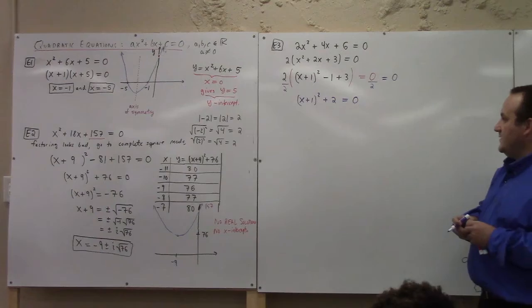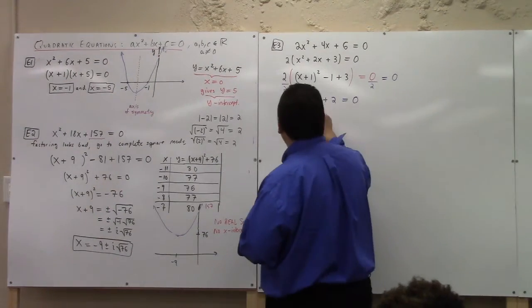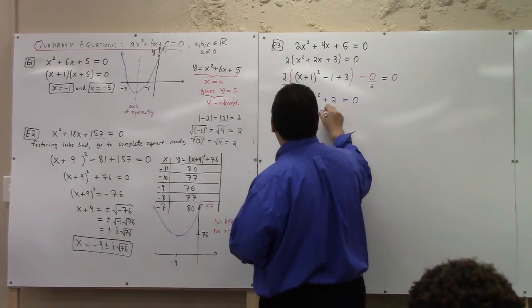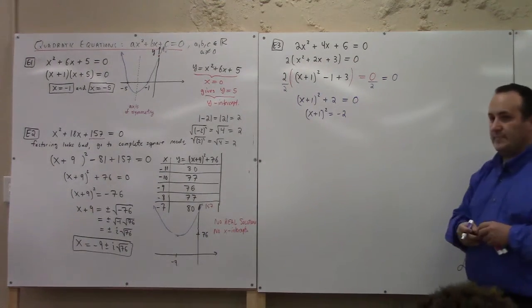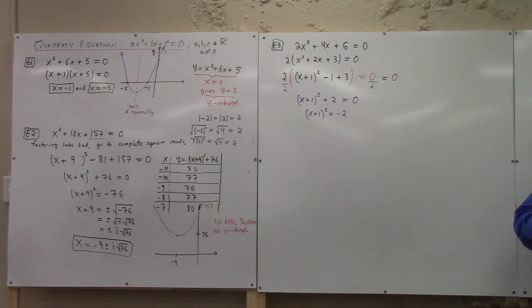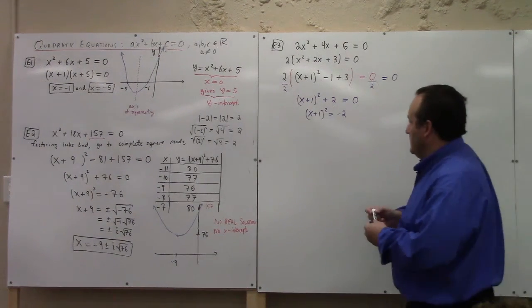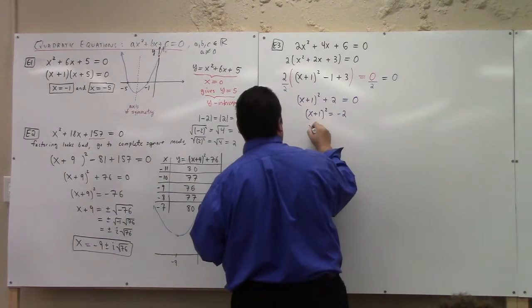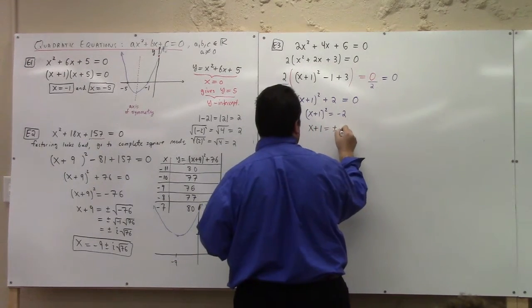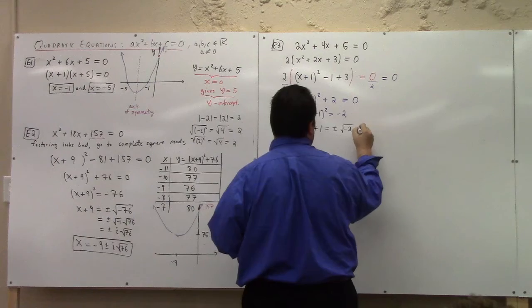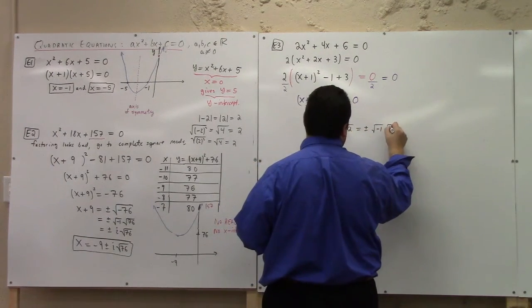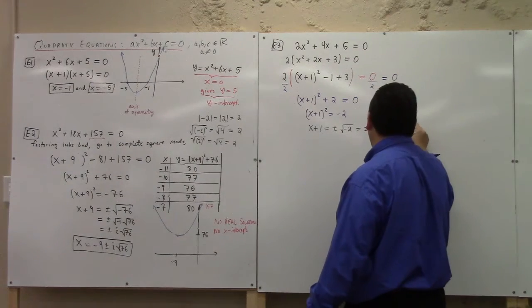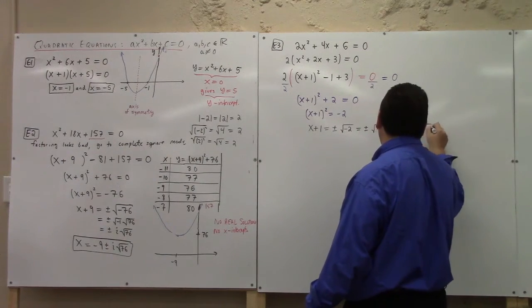And so what does this give me? This gives me x plus 1 squared equals minus 2. Now I can take the square root of both sides, remember, plus or minus, to cover all the possibilities. So this gives me x plus 1 equals plus or minus the square root of minus 2. But that's equal to plus or minus the square root of minus 1 times the square root of 2, which is plus or minus i root 2.